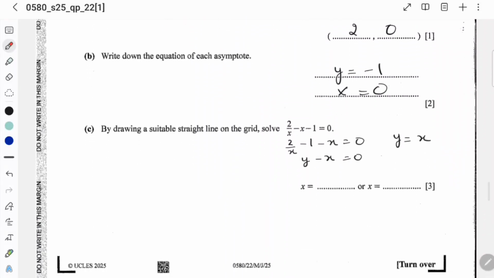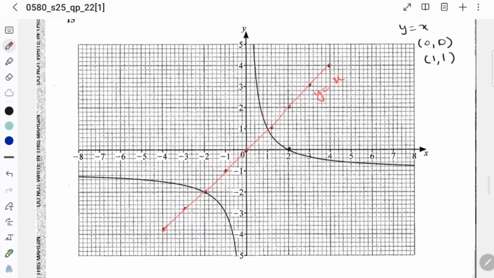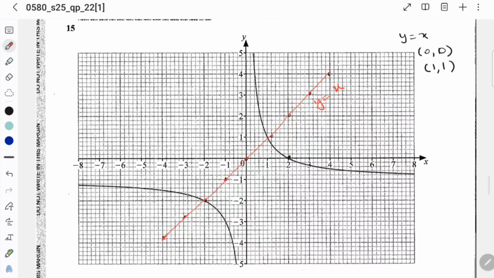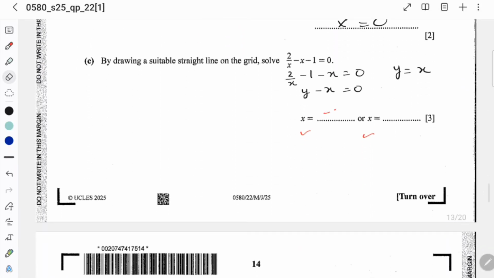So they're asking us to find the values of x, where the graphs are intersecting. So it is intersecting here, it's 1, and the other line is intersecting at -2. So -2 and 1 are the answers for this question. All right, so -2 and 1.